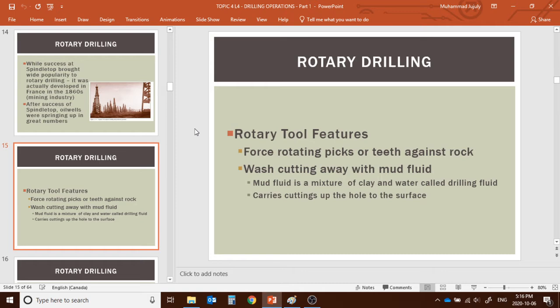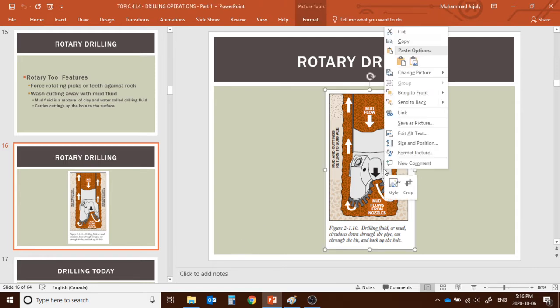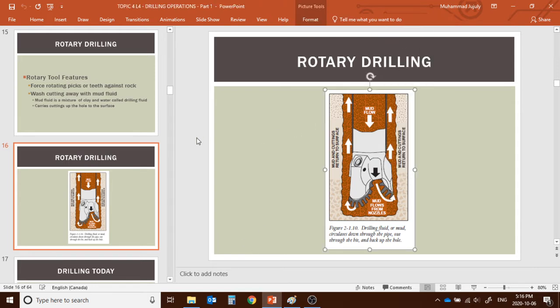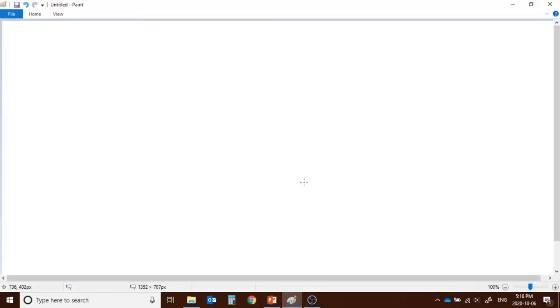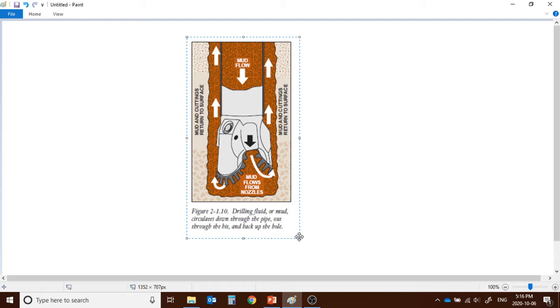We will learn a lot about rotary drilling in later slides. So let's see how rotary drilling actually works. I'm just copying this picture image here to explain it in a better way.